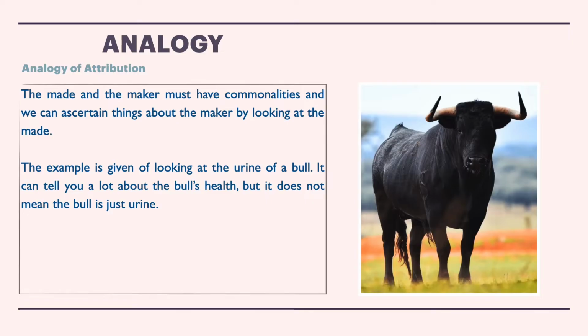If we're looking to things of this world to understand God, they can tell us a lot about God, but it doesn't mean that it is God, because God is the creator and this is the created. So attributing things that have commonalities helps us understand something of the maker.